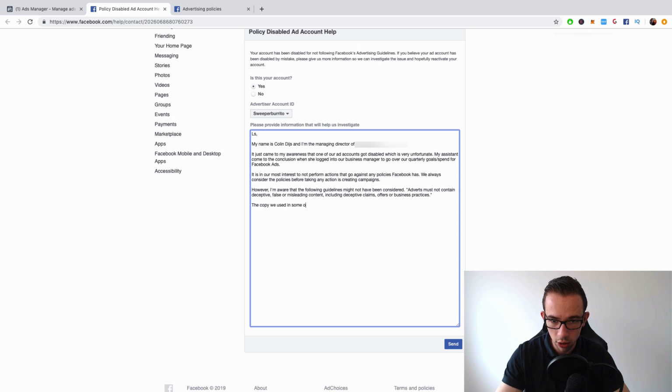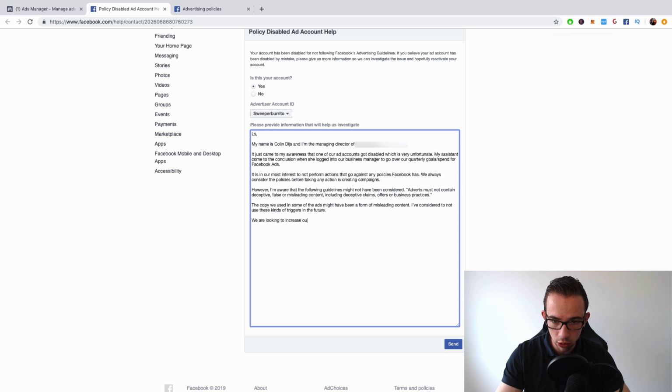The copy we used in some of the ads might have been a form of misleading content. I've considered to not use these kinds of triggers in the future. All right, easy.